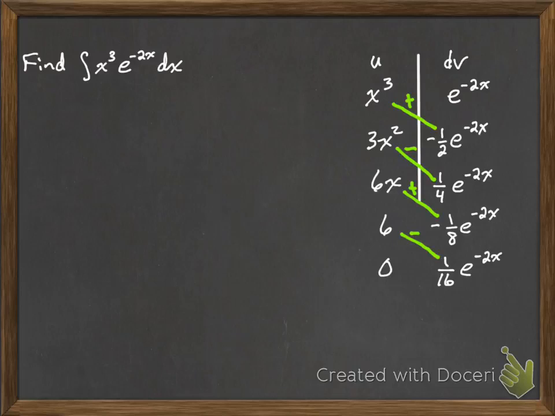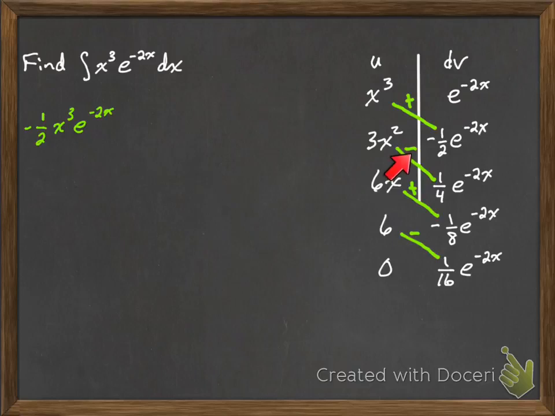All right, so if we go ahead and write this out, we're going to be multiplying positive 1 times x cubed times this, which will give you negative 1/2 x cubed e to the negative 2x.